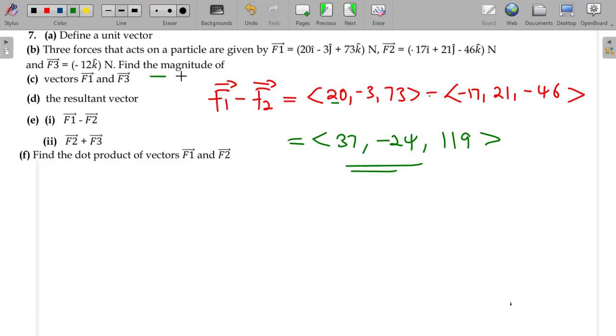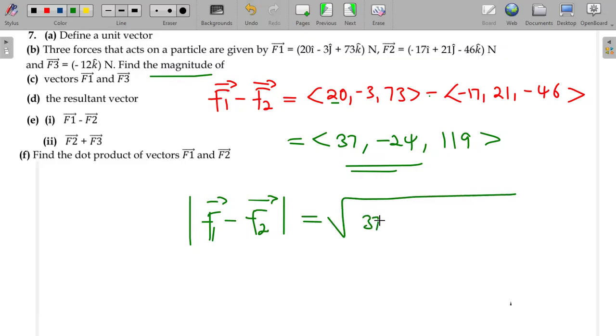But now we have to find the magnitude. So the magnitude of F1 minus F2 is going to be equal to the square root of 37 squared plus minus 24 squared plus 119 squared. Okay, so that's what we have.